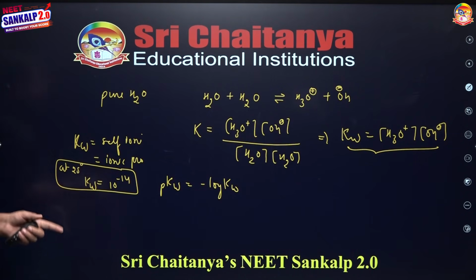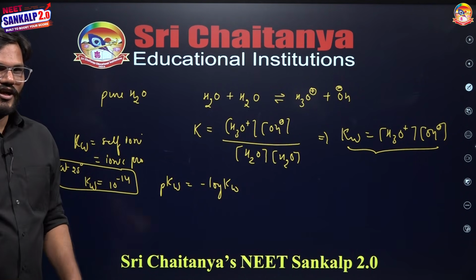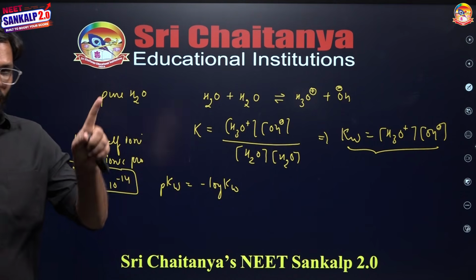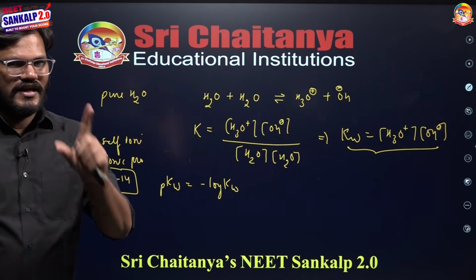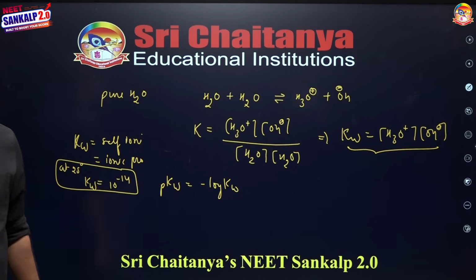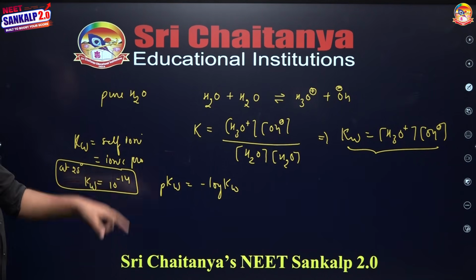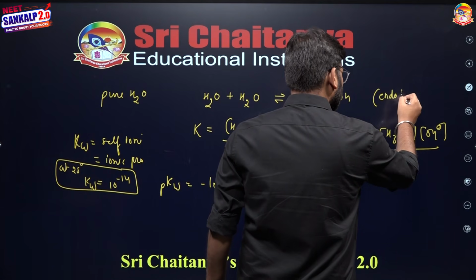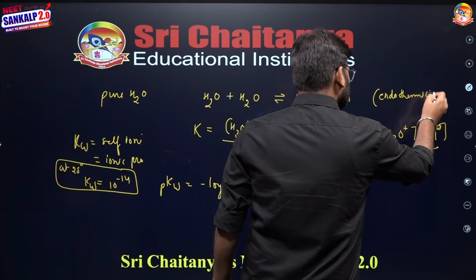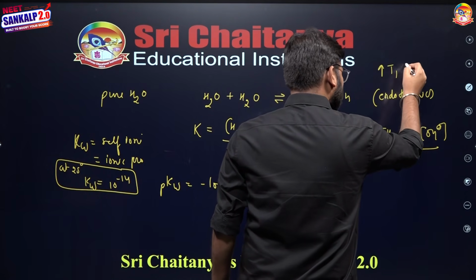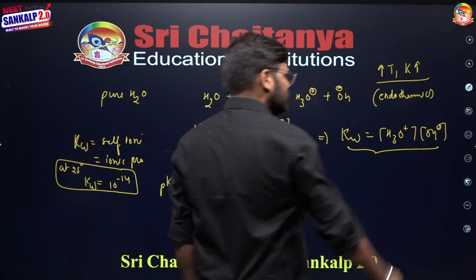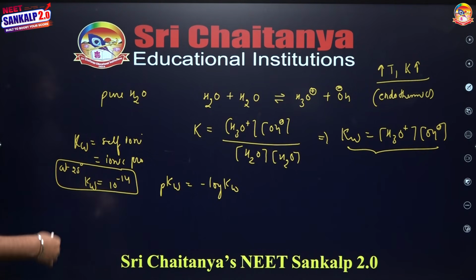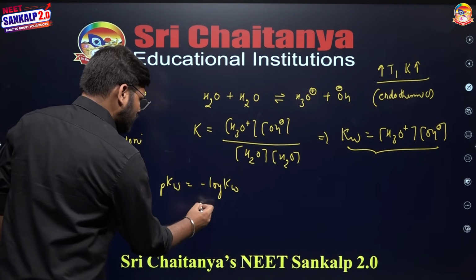Kw is another equilibrium constant, and the equilibrium constant of any reaction changes only with temperature. So this Kw can change with temperature. For the water reaction, this reaction is endothermic. So if you increase temperature, its K will also increase. So pKw, minus log Kw, will become 14.